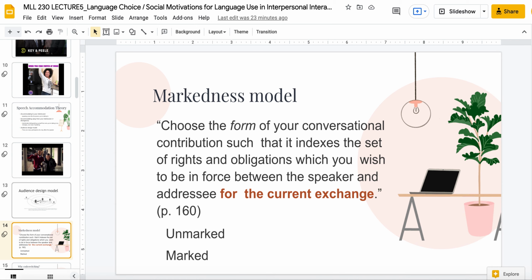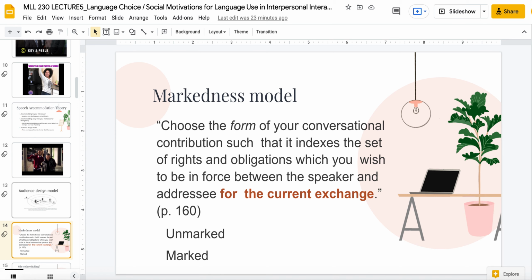Something is marked if it is out of the ordinary, quote unquote, or unexpected, or it's a different language choice, right? So if you're in the South and you're using a Boston accent, your Boston accent will be marked.